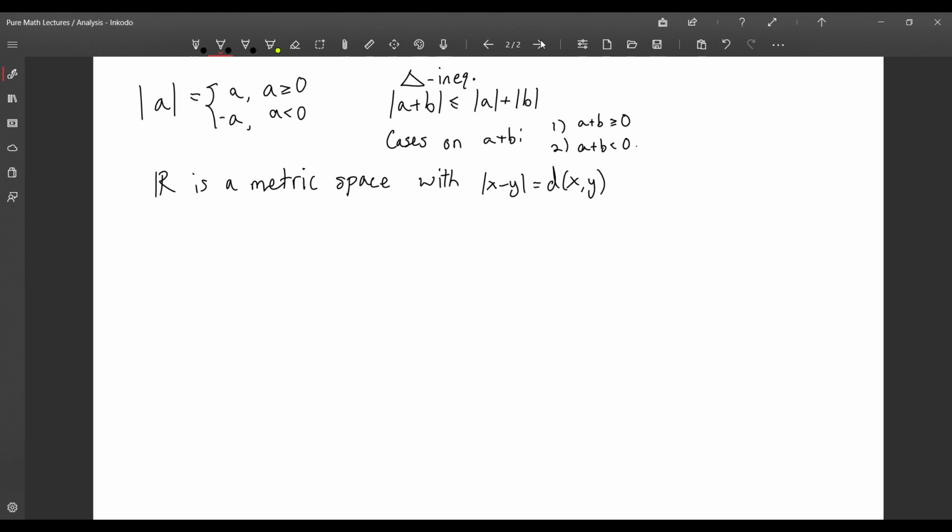The final condition that is going to separate the real numbers from the rationals is called the completeness axiom. This states that every Cauchy sequence has a limit.